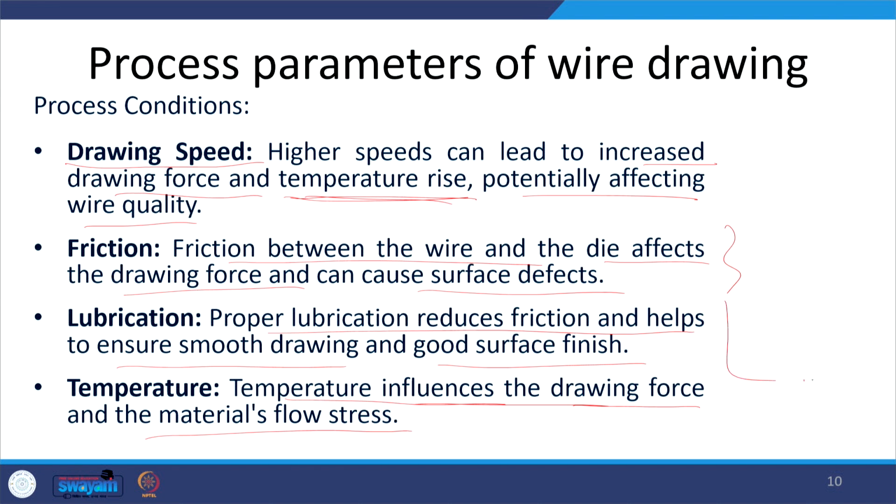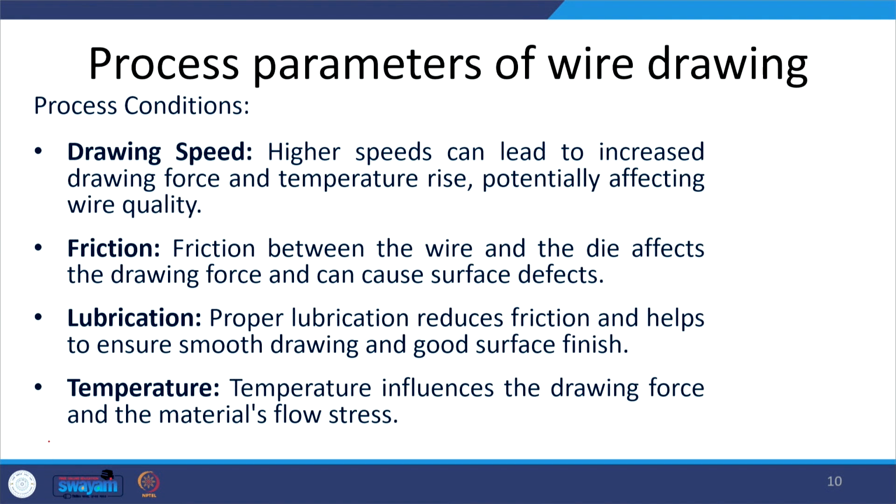We know that with the increase in temperature, say here we have temperature, here we have yield strength or the flow stress, then the flow stress will decrease. For different metals this drop is different, say for mild steel it will go like this, for stainless steel it will go like this. So, the drop with the increase in temperature is different for different metals. The higher the temperature, the lower the flow stresses, and accordingly the force for wire drawing will be affected.